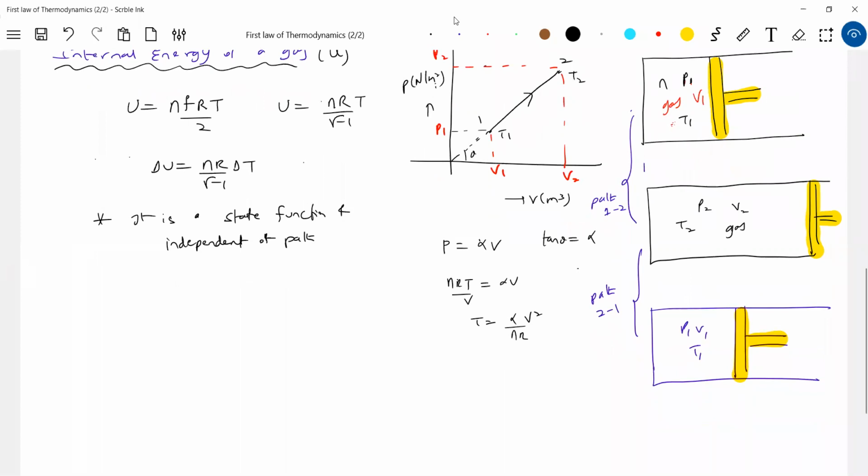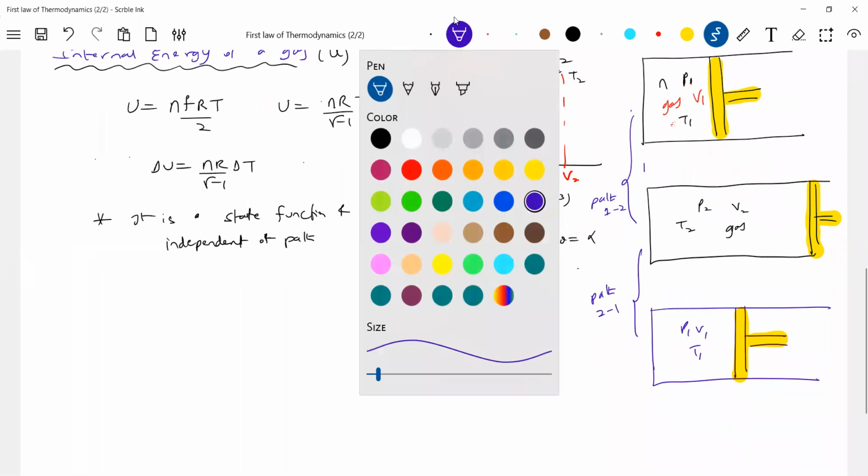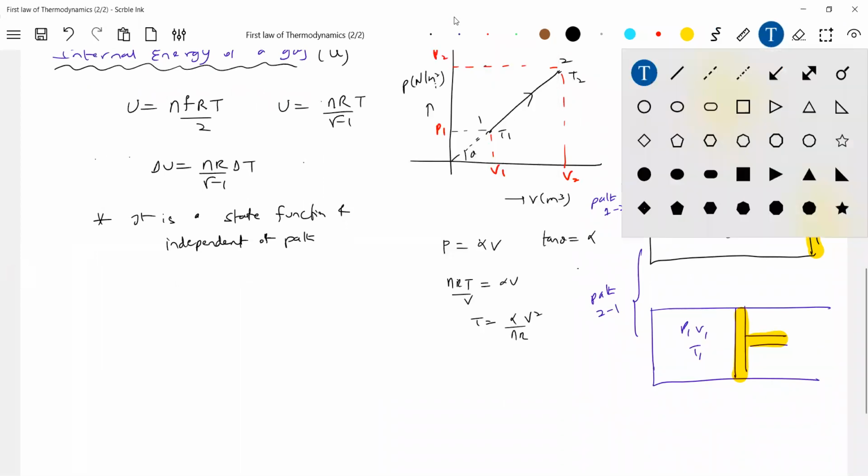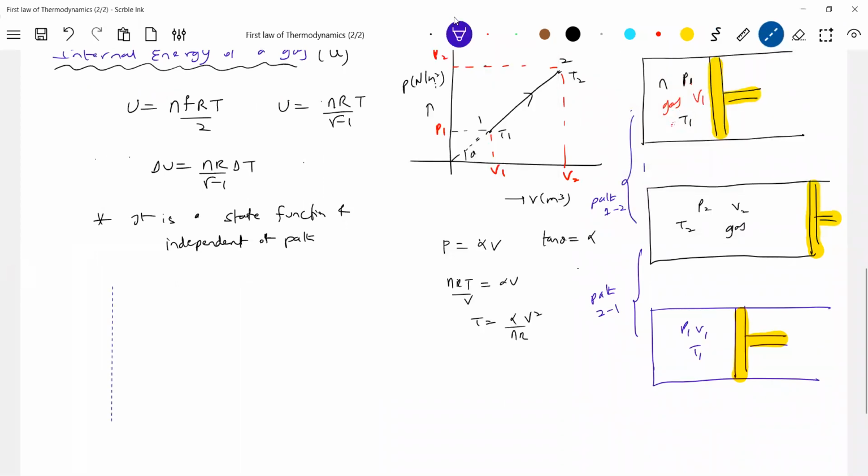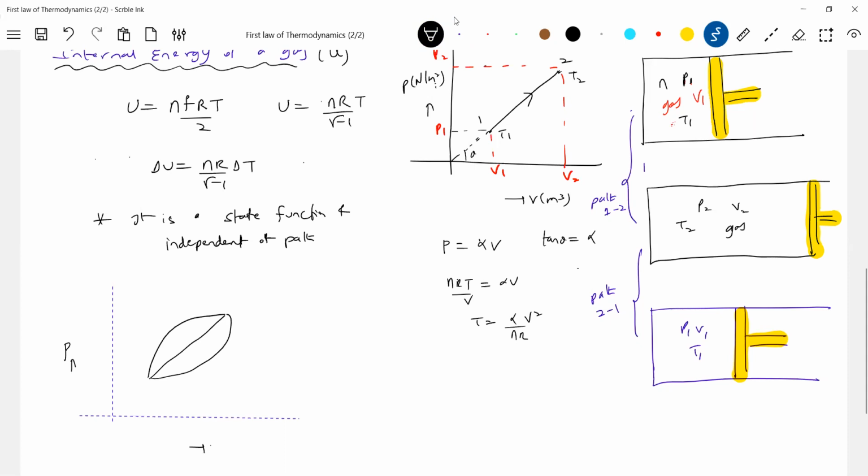So now let me do one thing. The same thing, we take the process here. Let me take another pressure-volume diagram.